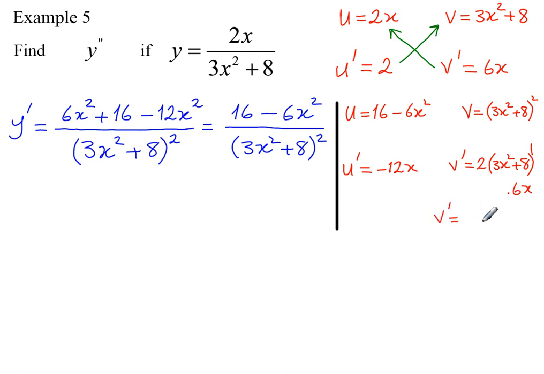So v dash in a simpler form, that would be 12x times 3x squared plus 8. And again, the derivative would be u dash v minus v dash u divided by v squared.